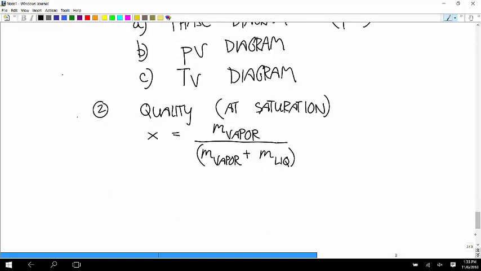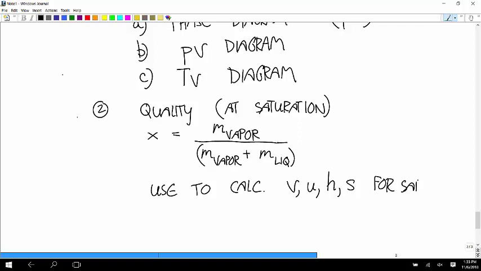And you can use this to calculate the specific volume, the specific internal energy, specific enthalpy, specific entropy, which we haven't talked about yet, for a saturated material. So for example, I'll do it for a specific volume.